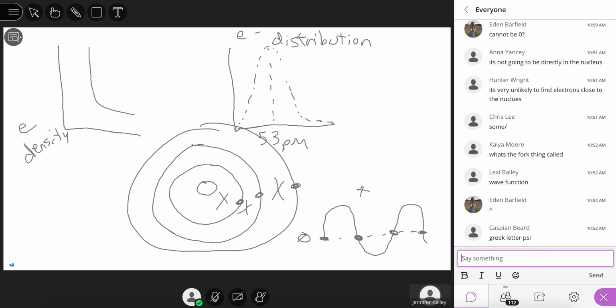These would all be positive, and these would all be negative. You get the same kind of node in the electron distribution function, and you can tell how many nodes there are based on what your n level is.